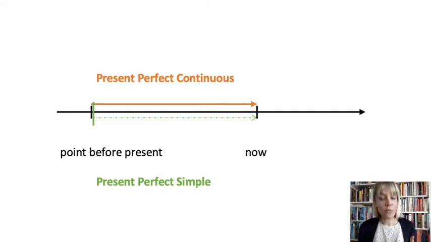So that's why it is relevant for now. Whereas the green line here shows that this is actually something that took place before now and then has still an impact on now. So for some reason, this is still very important for the present moment. And now we're going to have a look at the examples again so that this might even become clearer to you.